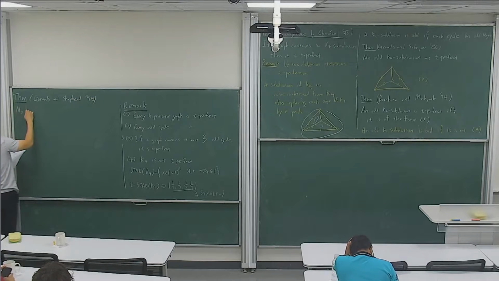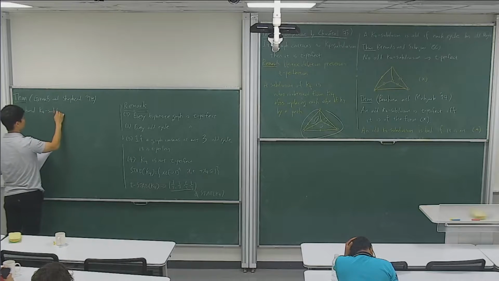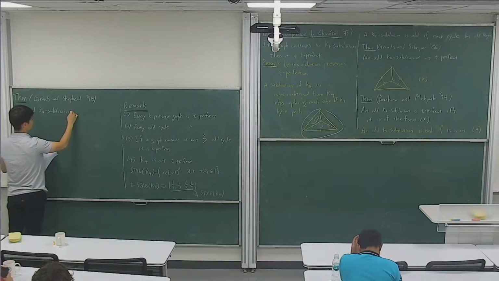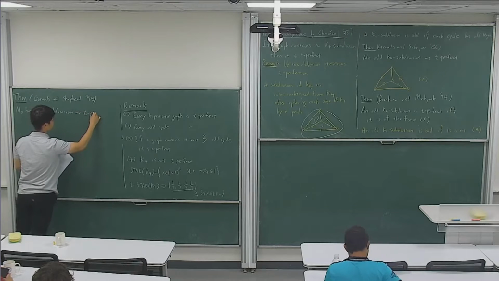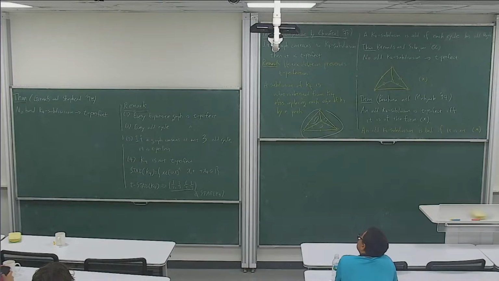No bad K4 subdivision implies T-perfection. Okay. So I would say this is the largest known class of T-perfect graphs. There's a characterization of when a claw-free graph is T-perfect, but that's kind of a small class. I'll say this is the largest class.